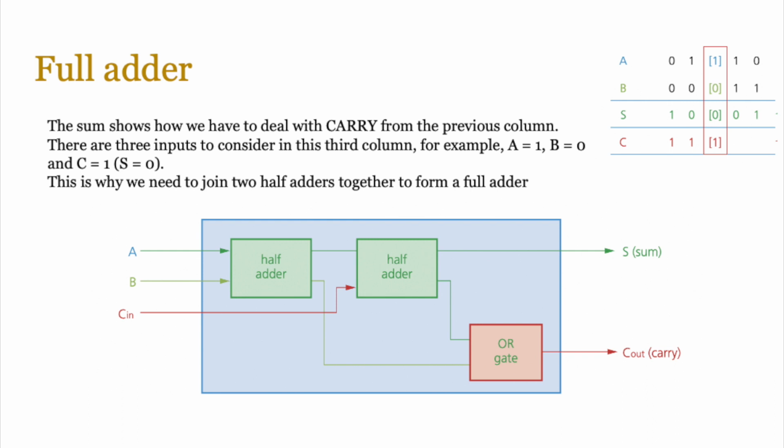For example, A in this case is 1, B is 0, and C is 1, which gives you the sum of 0. So if you just look at that particular column, which is outlined in red in the top right hand corner, that's what I'm talking about. And this is the reason why we need to join the 2 half adders together to form the full adder, because we want to take into account the carry from the previous operation and add it to the 2 inputs. And the second half adder does that.